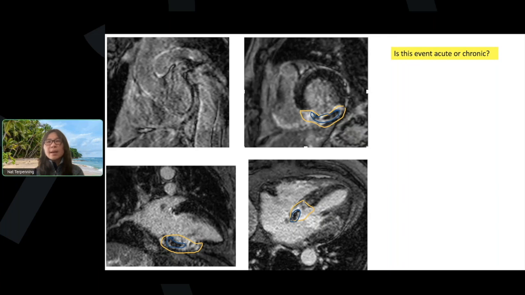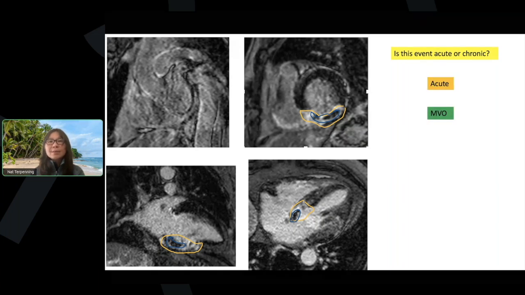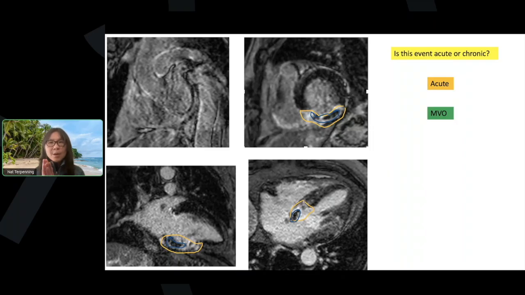Yeah. And it is acute because this is microvascular obstruction. We always see microvascular obstruction in acute events, acute infarct. But microvascular obstruction can persist up to weeks or sometimes a few months after the patient first presented.